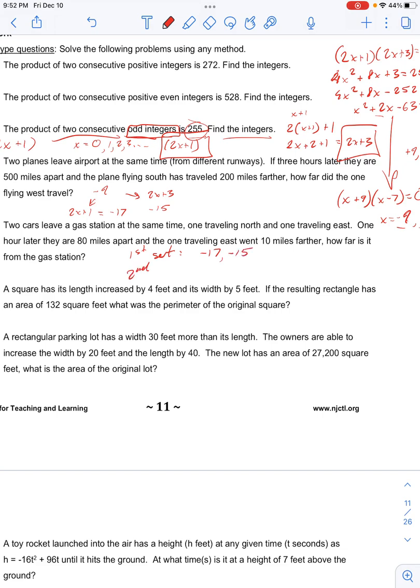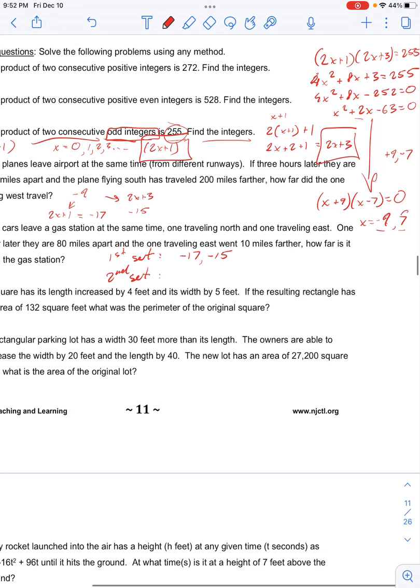And my second set of possibilities is using this 7 here. So if I use 7 as my x, then my first odd number would be 2 times 7 plus 1, which is 14 plus 1, is 15.